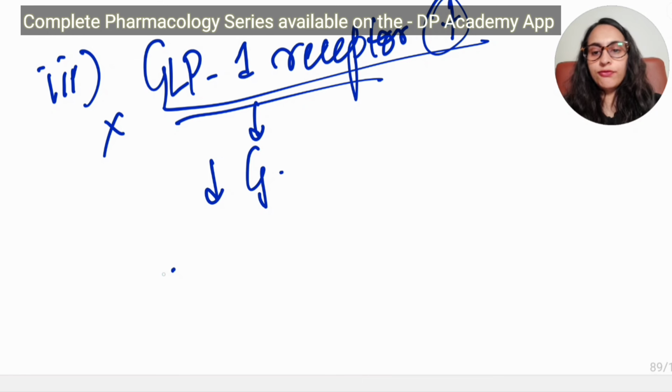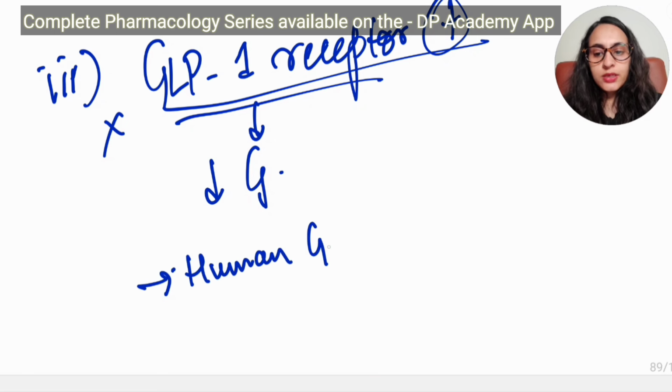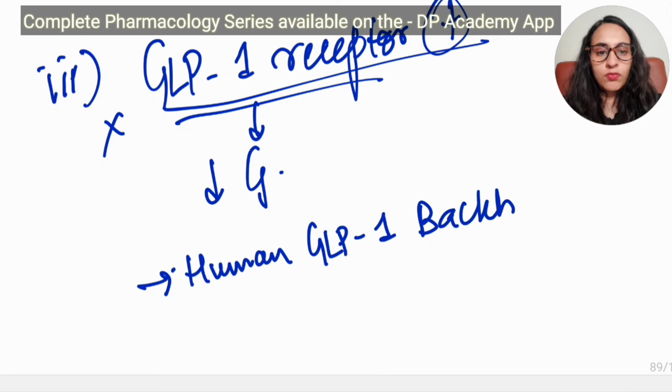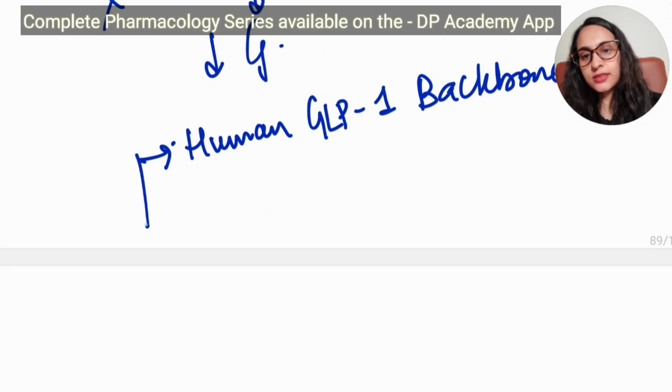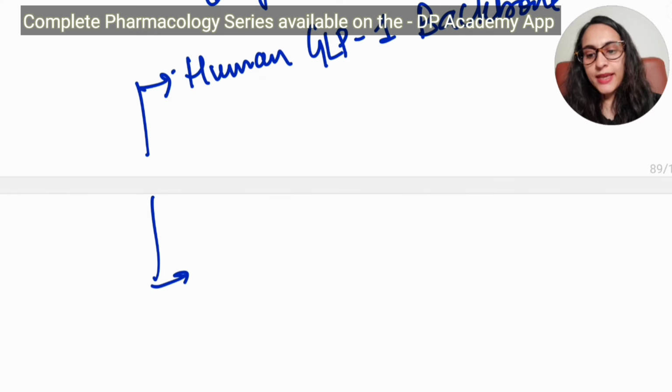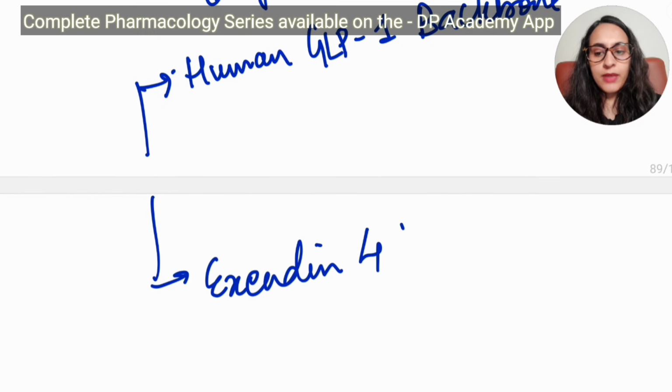The GLP-1 receptor agonists are drugs that can be derived from the human GLP-1 backbone, or drugs that are derived from the exendin-4 backbone.